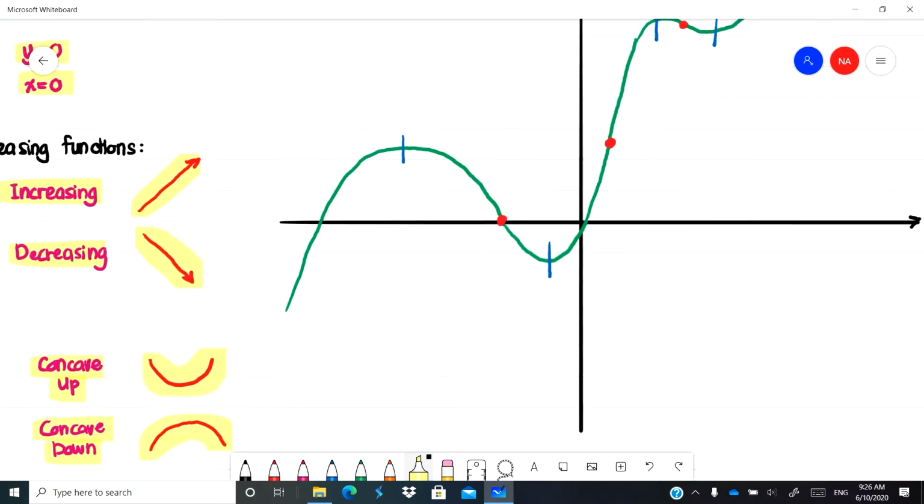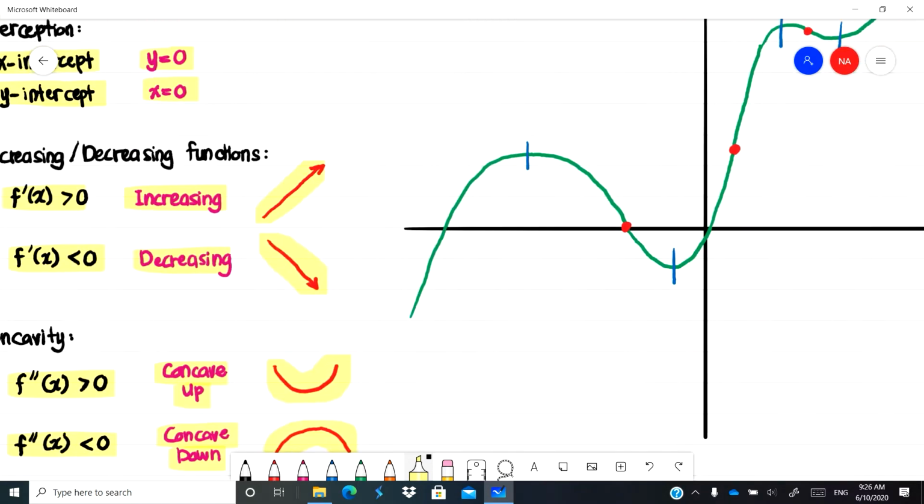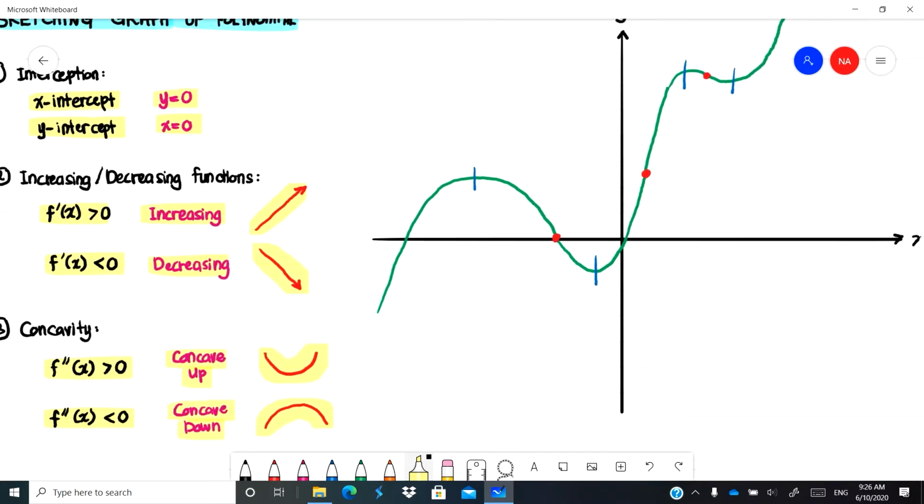To illustrate increasing, decreasing and also concavity, I would like to show this part. From this to this, the function is increasing.